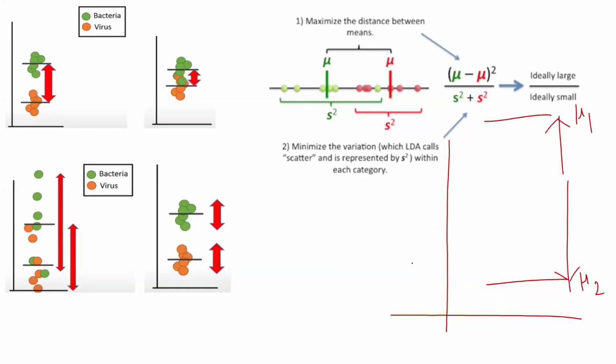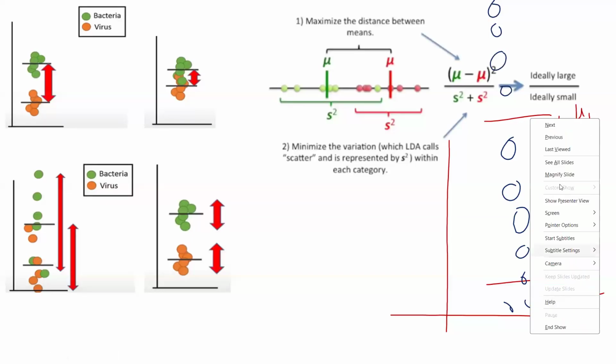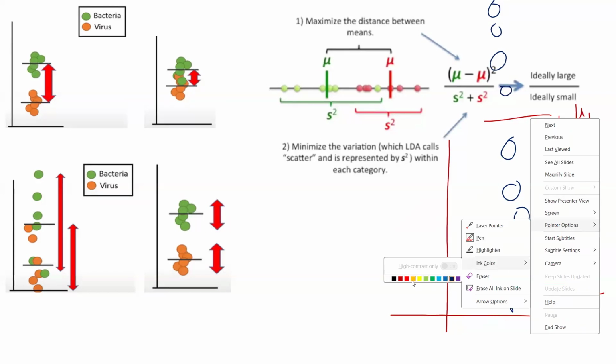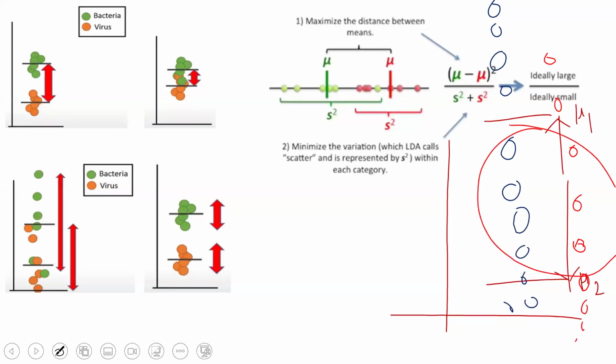Let's suppose this is for group one, and if I take the example for group two, if the spread is large for group two, then there is an overlap, right? So we are not able to effectively classify the groups. There is an overlap for both the groups.